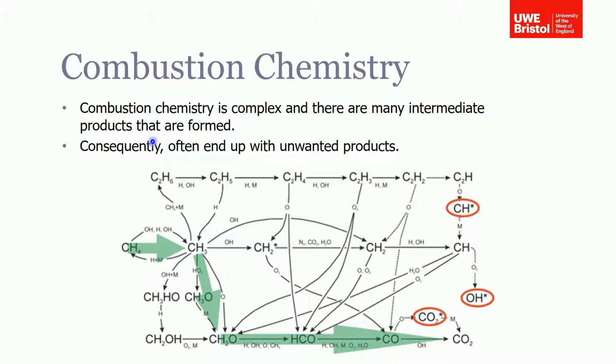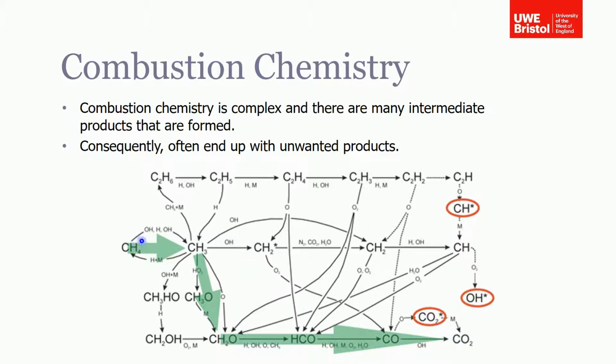But there are lots of reaction steps the fuel needs to go through to complete that reaction. So, remember, if we take CH4, the simplest alkane, methane, that will produce carbon dioxide, and you can see the green arrows show the shortest route, the shortest reaction steps you need to get to carbon dioxide.